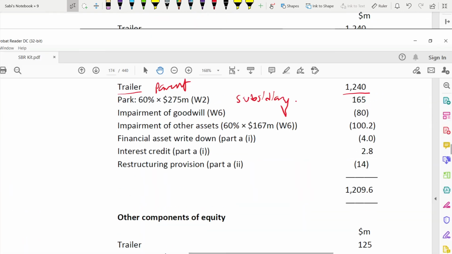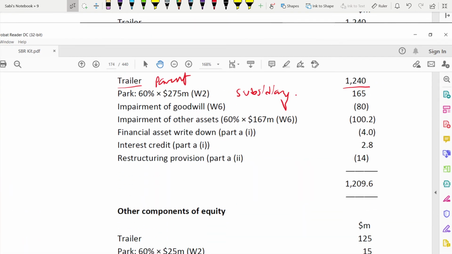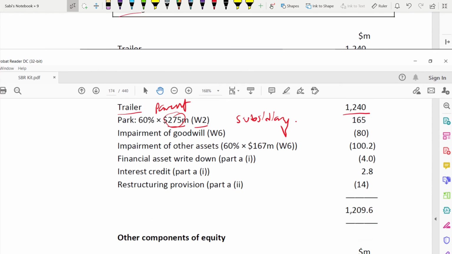Where was I? Okay, so 1 to 40. Now, for the subsidiary you will only take from working one: 60% of 275. Working two shows how they got 275. On that only 60%, because for the parent you are not taking the NCI part here, since NCI has been measured at proportionate share.